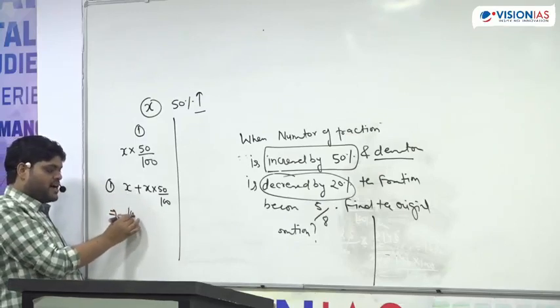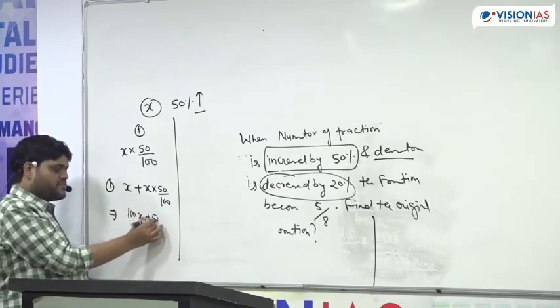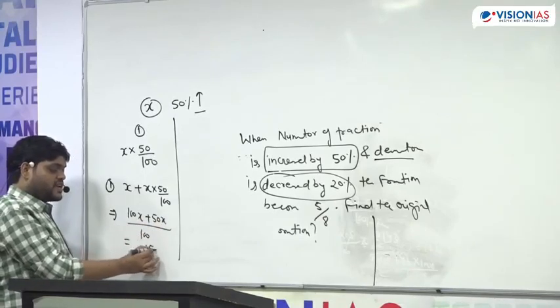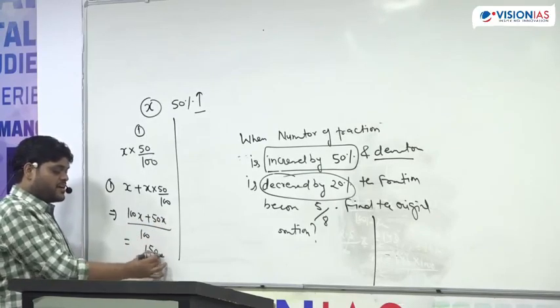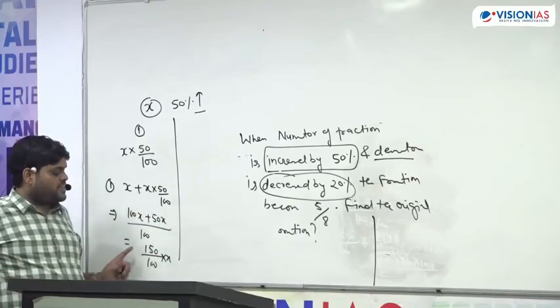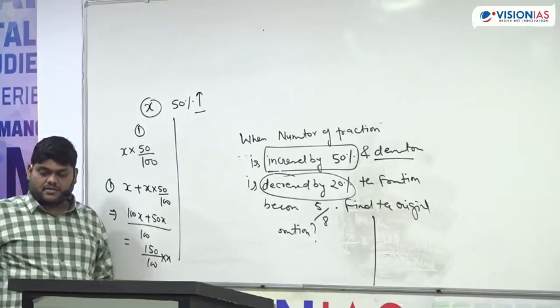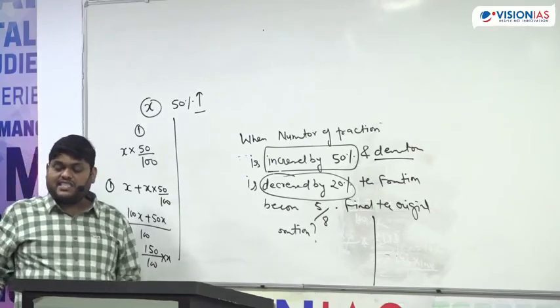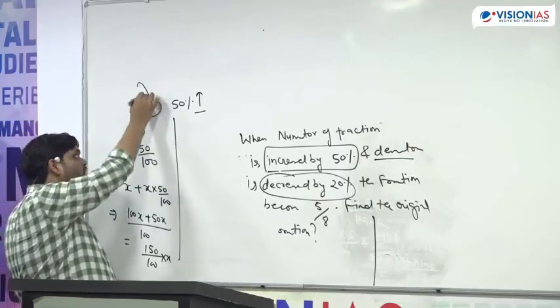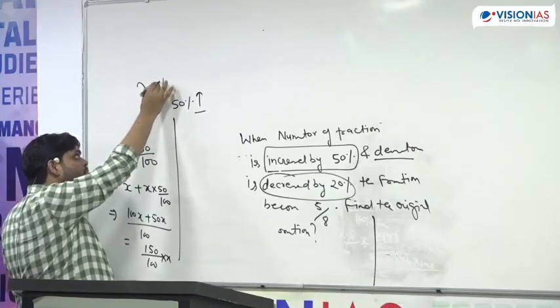And if you see here, this will come as 100x plus 50x upon 100. This will come as 150 upon 100 into x. This is one way to do it. The second way was, I told you x is 100%.